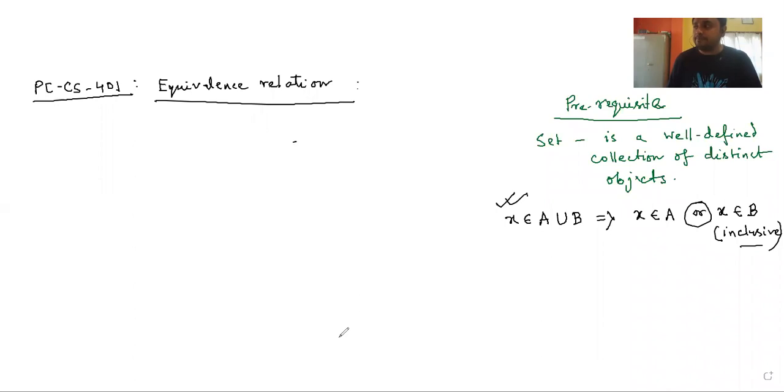So for example, that particular student is good in his study, or he is not good in his study. This person is a criminal, or he is not a criminal. Both situations cannot happen for the student or the person.